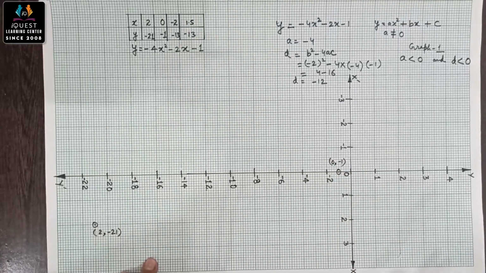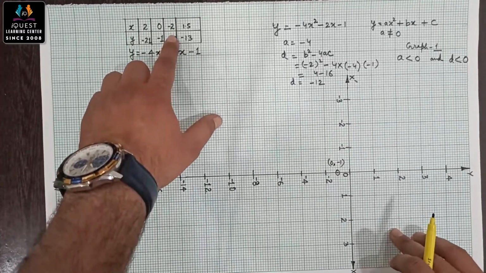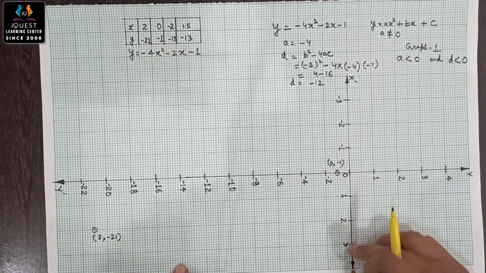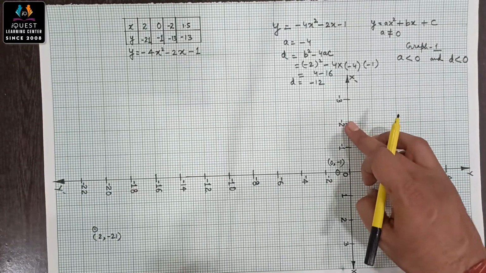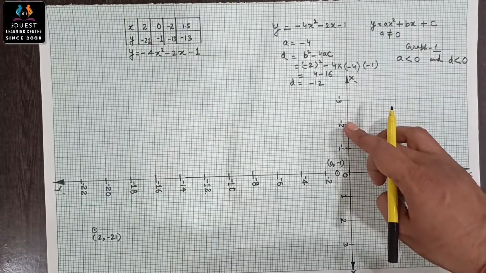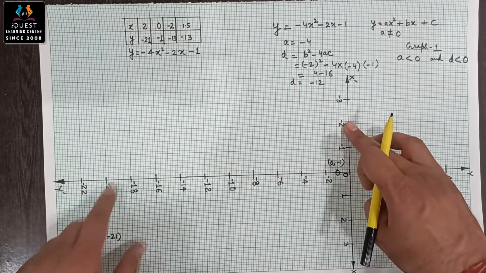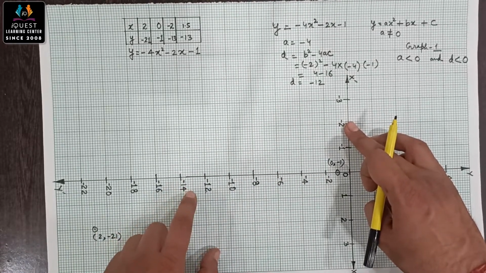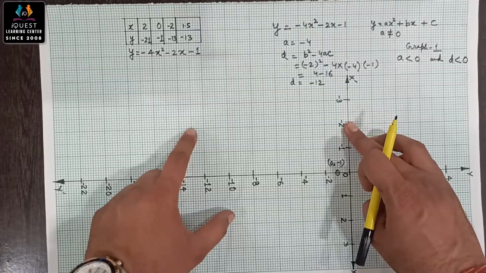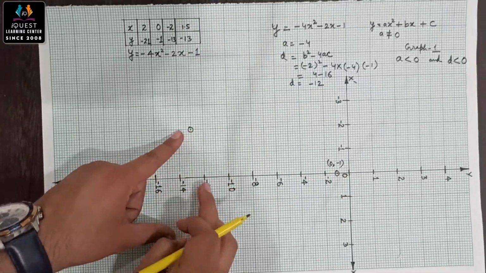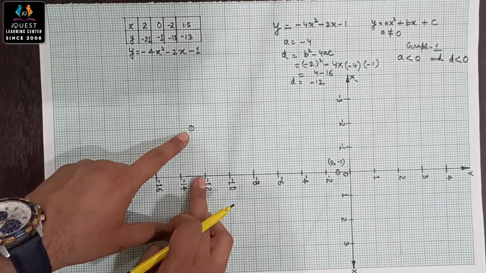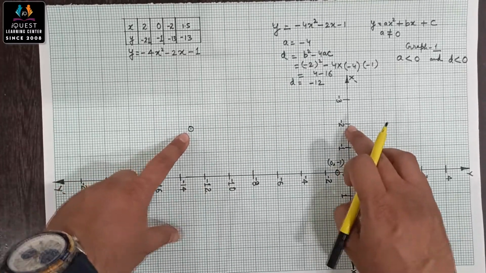Now we have to choose another value. X is equal to minus 2. So x is equal to minus 2 is here, and y is equal to minus 13. So y is equal to minus 13 is here. It's between 12 and 14, 13 and minus 2.